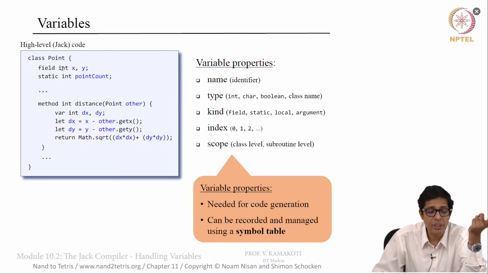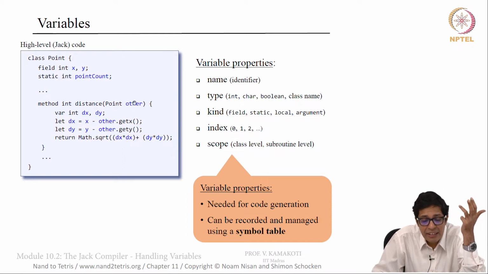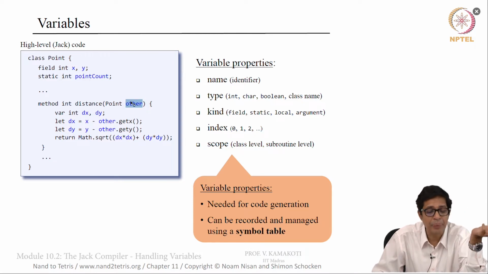Now kind, for example, I already told you there are 4 kinds. So field, for example, x, its kind is field, pointCount, its kind is static. Other, its kind is argument, right. And dy, its kind is local. So I have field, static, local, argument.